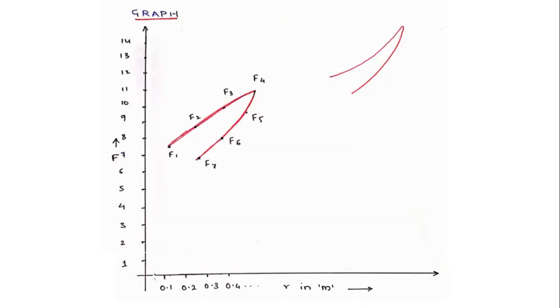Okay, so coming to the graph, on the x-axis we have the radius of rotation in meters, then on the y-axis we have the centrifugal force, that is F in kg. So you have to take a suitable scale and on a proper graph sheet plot these points as shown as F1, F2, F3, F4, F5 and F6. So I have shown these values for your understanding purpose. So you have to plot this and join them and you will get the curve.